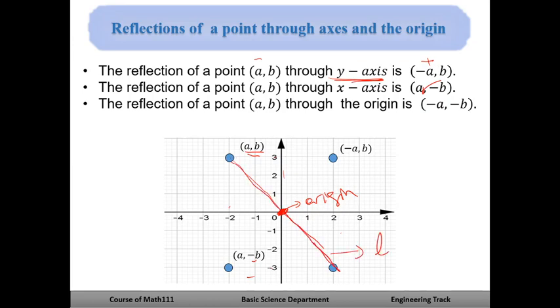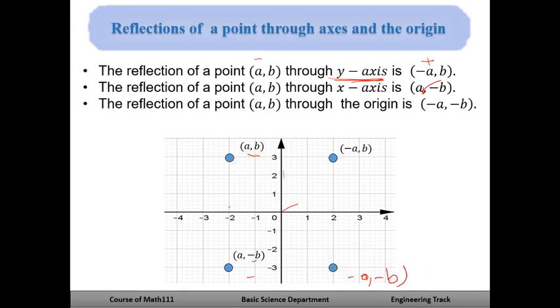Okay, this is a straight line. Now you go up to here, this distance, and if you go in the direction of the same line but the same distance, you will get the reflection. What's the reflection of AB? It's minus A minus B.